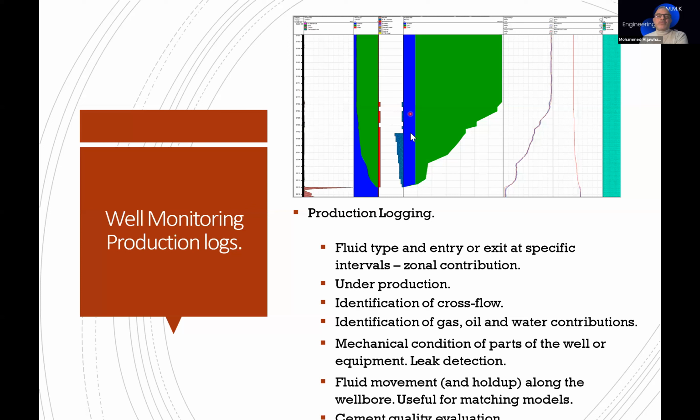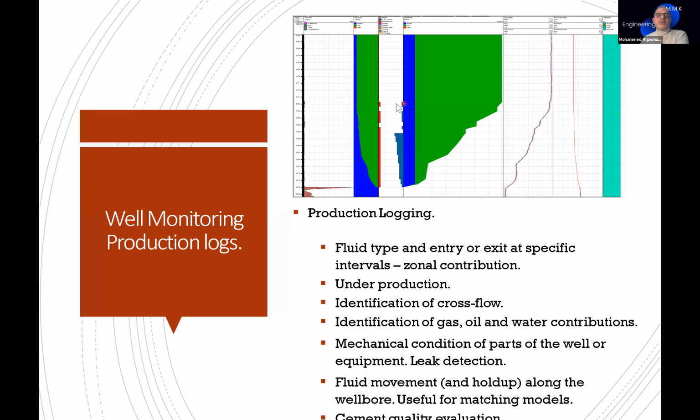The hold-up factor is a very important part of monitoring well performance and calculating the flow rate, and also what is the type of flow regime inside the wellbore. We can consider it from the production logging, and which zone contributed more than the others, and why. So this concerns the reservoir performance.